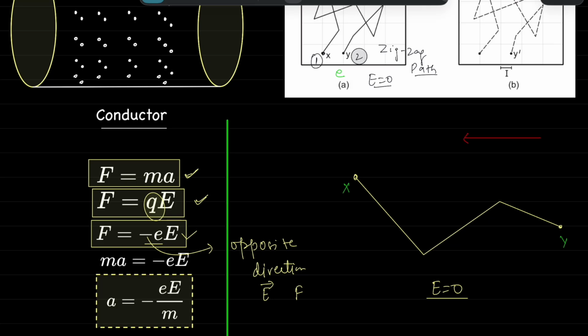So here we have the electric field, not zero. Because of that, a continuous force starts acting on this electron, F is equal to E into capital E. Here I am not writing minus because I already changed the direction, so minus is not required. Because of that, the path of the electron will slightly start changing.